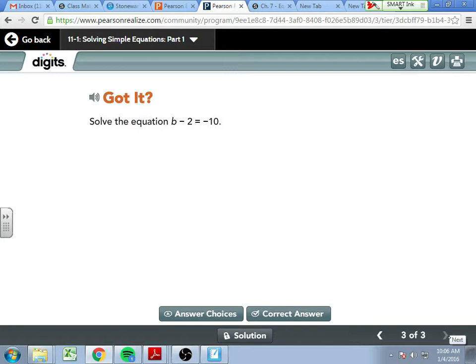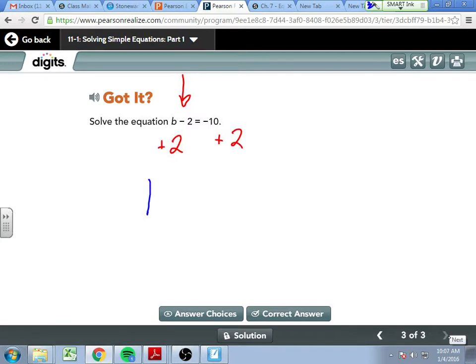You're taking 2 from the variable. Yeah, we're taking 2 away from b. So to undo that happening, to do the inverse operation, what do we have to do? We have to add 2. Because we see subtraction, we have to add 2 to both sides.